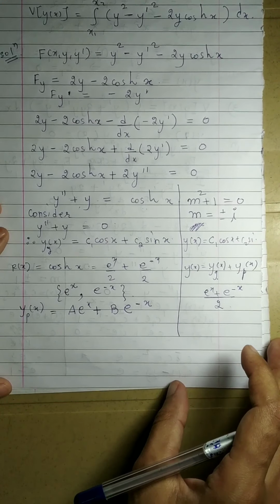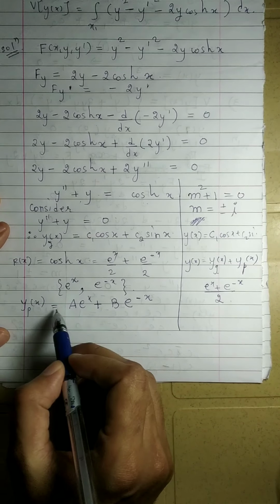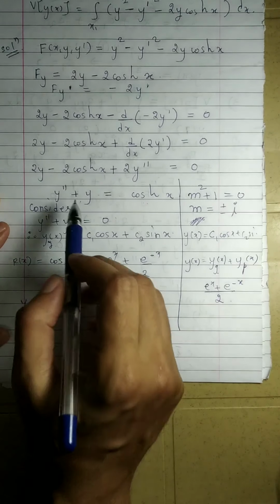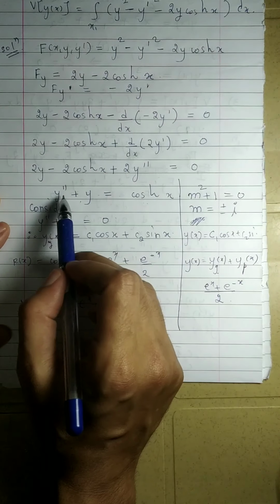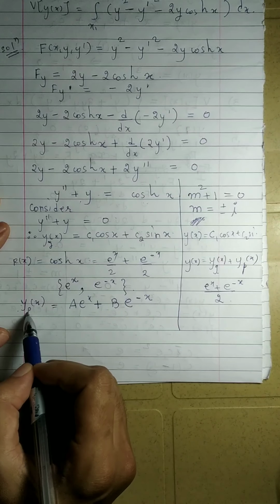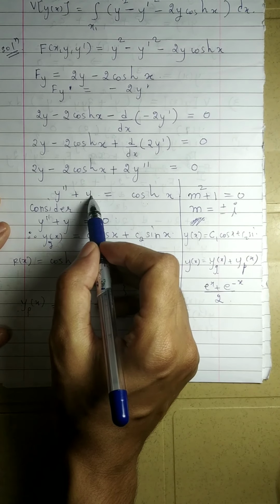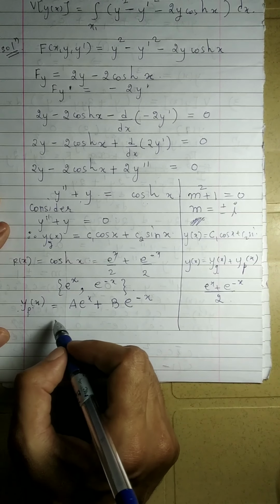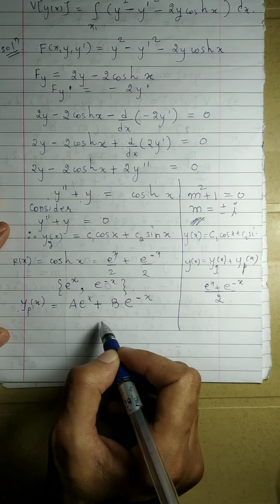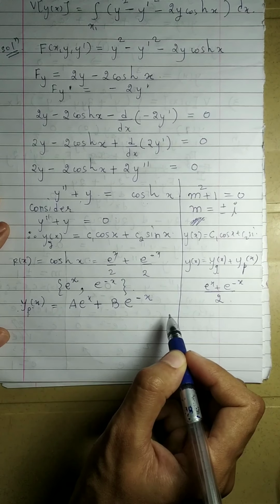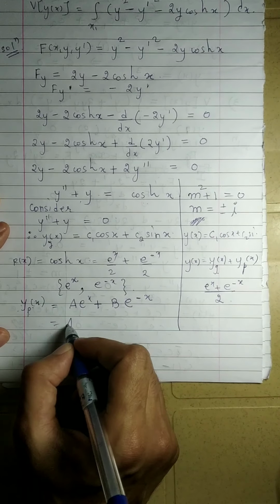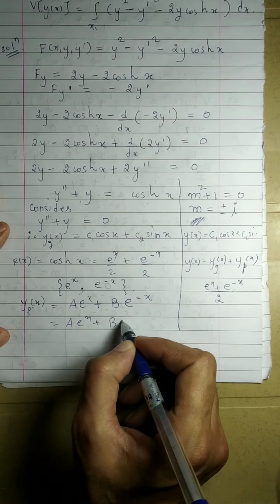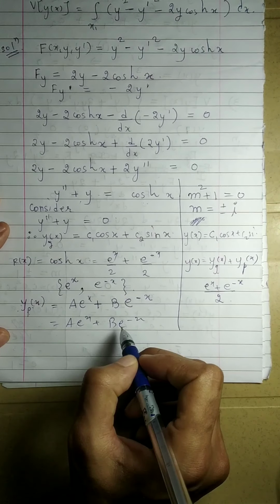And then what we do? We substitute this yp of x in this differential equation. So how do we substitute? yp of x will come here. Then differentiate this twice. If I differentiate it once, it will be a e raised to x minus b e raised to minus x. Again if I differentiate, it will be a e raised to x plus b e raised to minus x, so the same thing I will get.